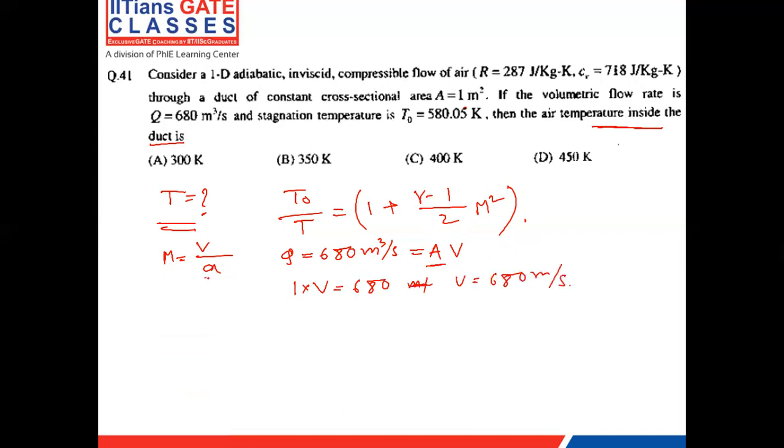So we have to find out a. Now a is basically root over of gamma RT, right? And the gamma value we have to find out.